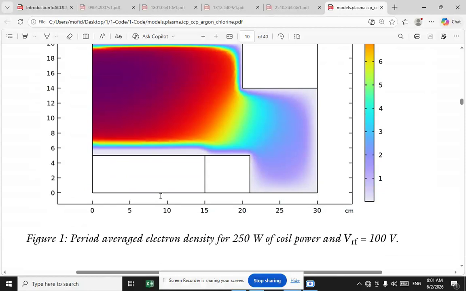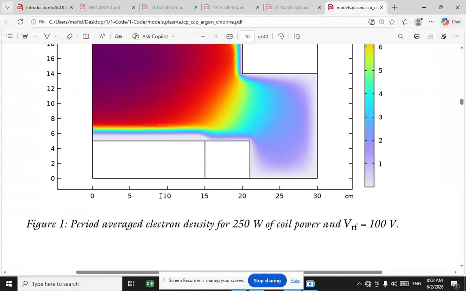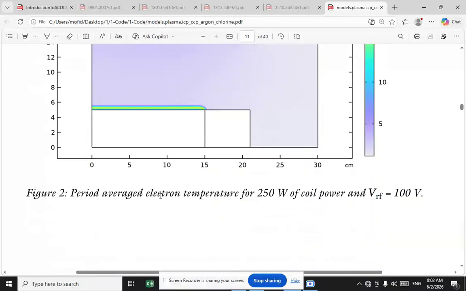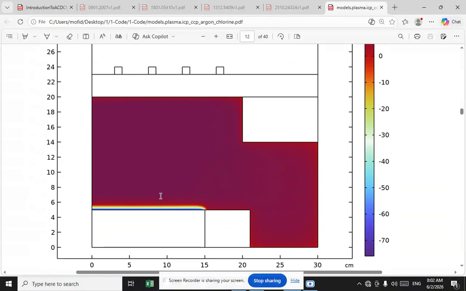You see Figure 1 shows period average electron density for 250 watts of coil power and radio frequency voltage equal to 100 volts, and the next one is surface electron temperature period average. Figure 2 shows period average electron temperature for 250 watts of coil power and radio frequency voltage of 100 volts.